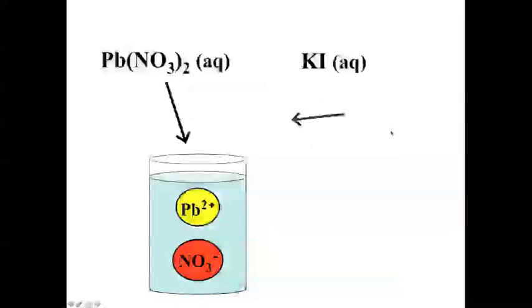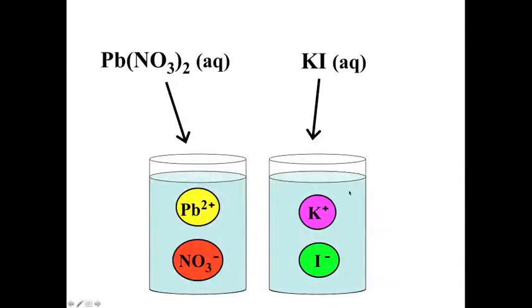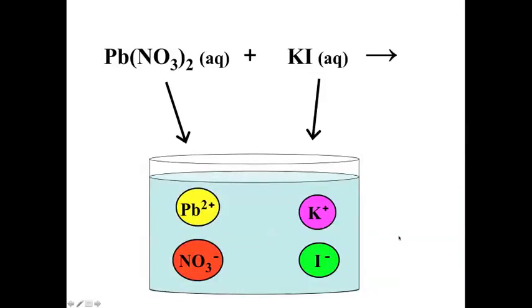Same idea for KI, potassium iodide. The solution would contain potassium ions, K+, and iodide ions, I-, and lots and lots of them. Mix the two solutions together. Remember that these ions are free to move about throughout the solution, and you might notice that Pb2+ ions from the lead nitrate might possibly attract to the I- ions from the potassium iodide.